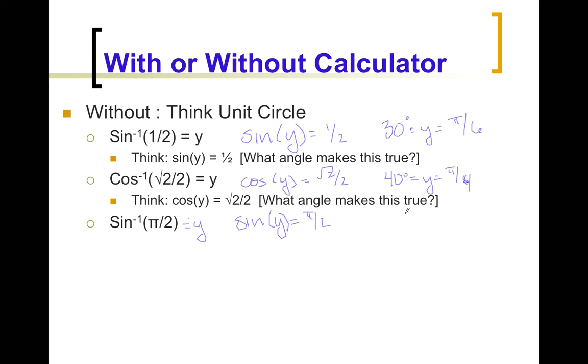However, you might be able to use your calculator. The problem here, though, is pi divided by 2 is equal to 1.57. And if you recall, the domain of sine inverse is from -1 to 1, and therefore this does not exist. There is no answer to this question.